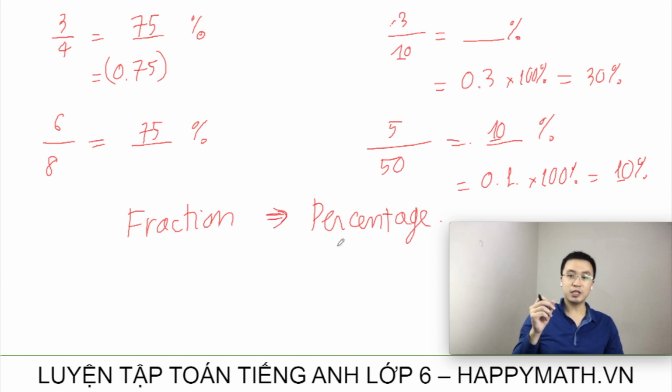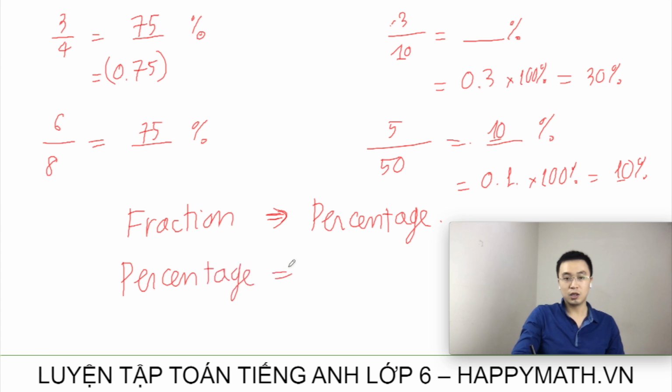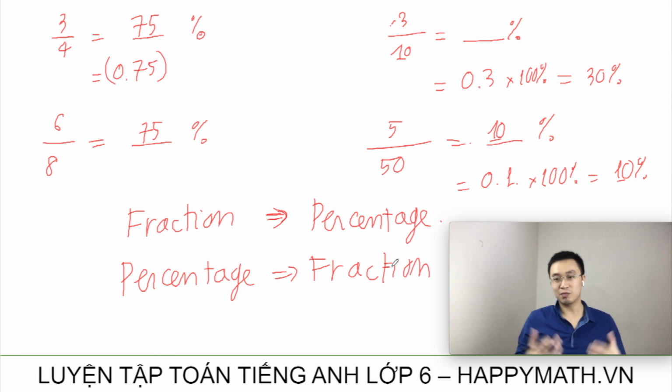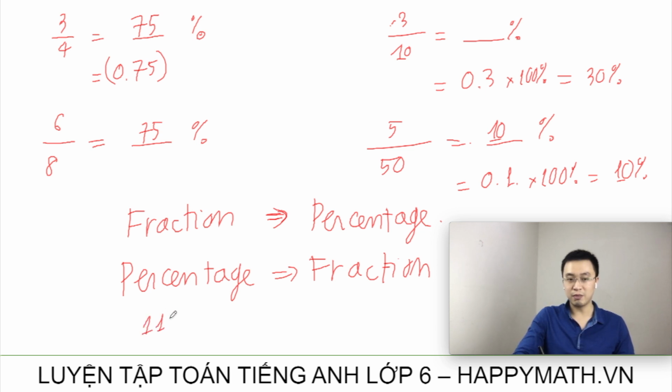Now, how can you change from the percentage to the fraction? From the percentage to the fraction is simple, a little bit simpler than fraction to percentage. From the percentage, you have a number like this, 11%.